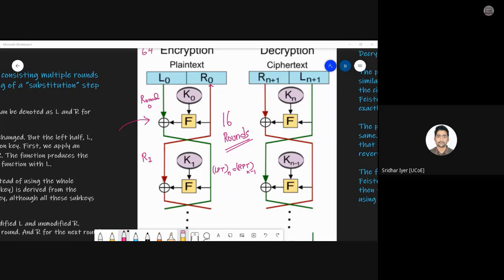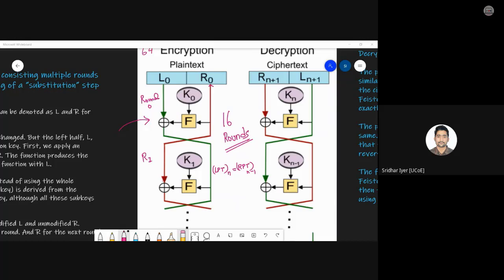I have simply written it as it is without any changes. So that is why I have written this formula: left plain text of n, where n stands for the round number, is nothing but RPT, the right plain text of the previous round.